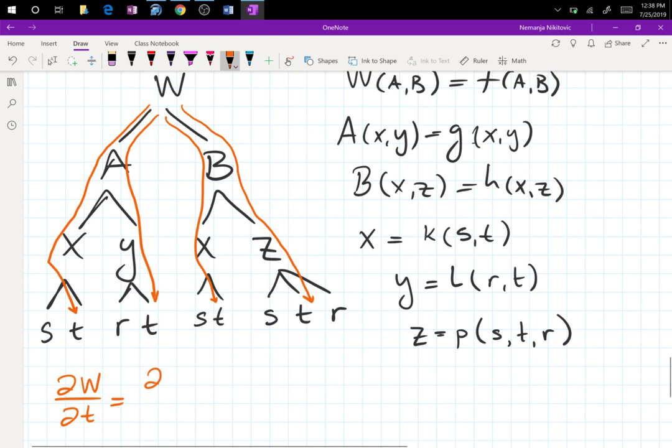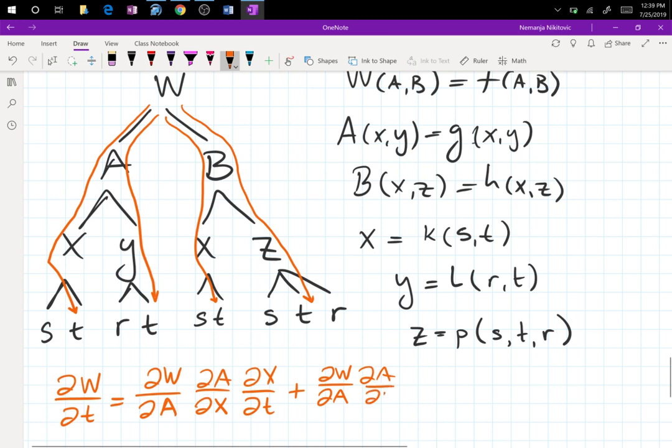So you go partial W, partial A. That's the first stop you make. Then you have partial A, partial X, and then finally partial X, partial T. So you had to make these few stops along the way, but you got from W to T. Plus partial W, partial A, and then partial A, partial Y. You're going to the second branch.